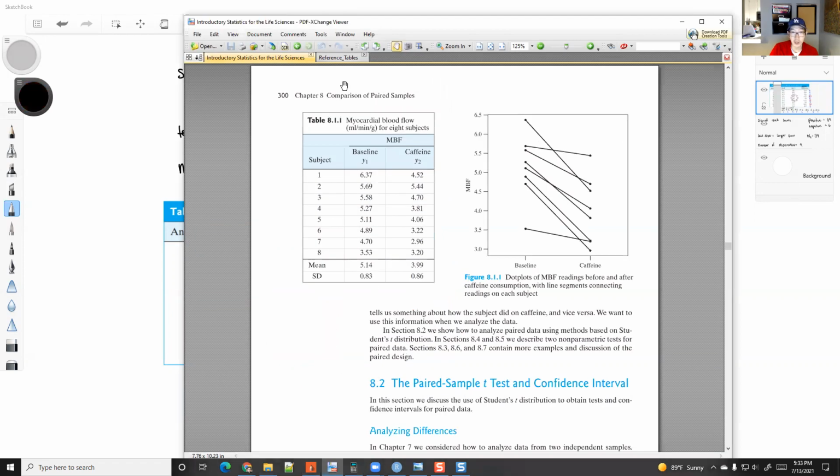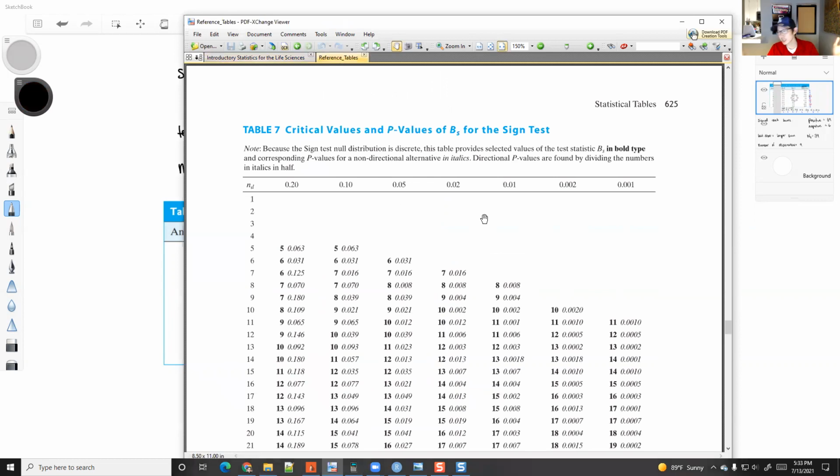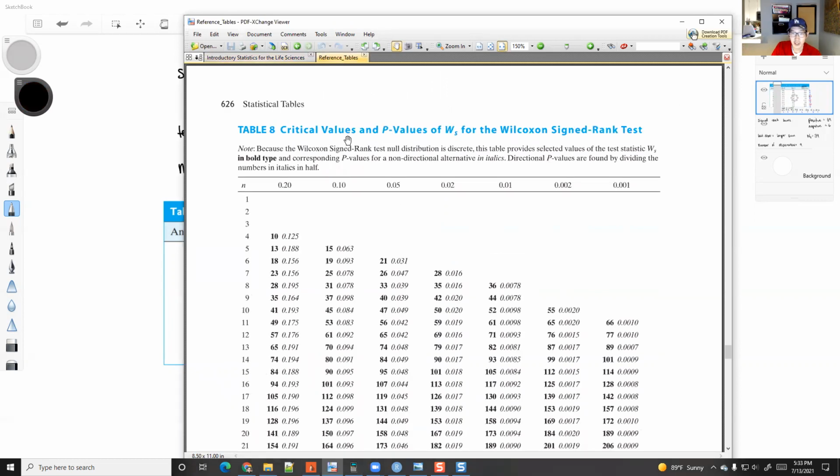So anyway, we have 9 observations and we go to our reference table. We got a table for everything: critical values for the sign test, and now critical values for the signed rank test. We had 9 observations, and we're looking for 39. We have a number for 37 and a number for 40. So our number is going to be between 0.098 and 0.039.